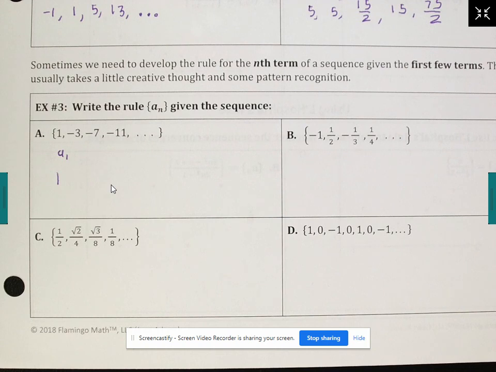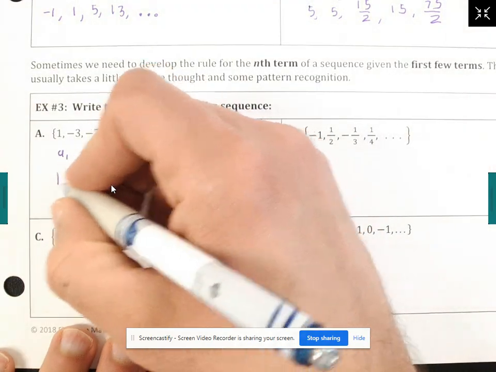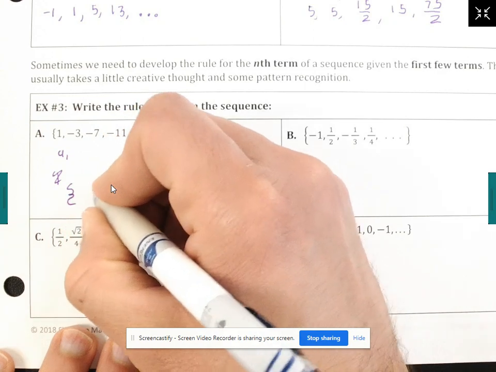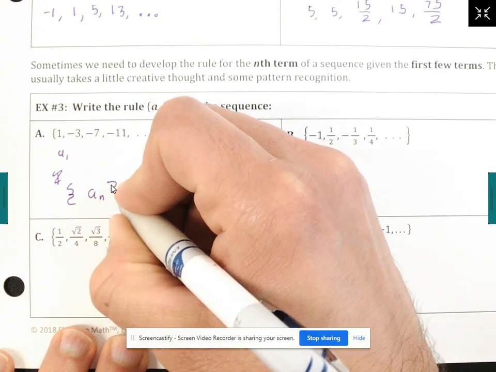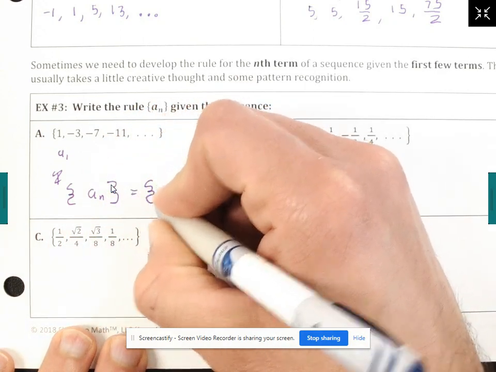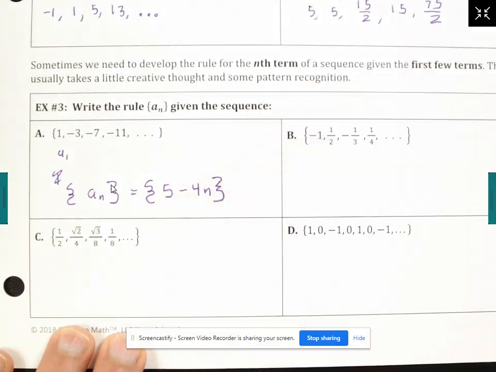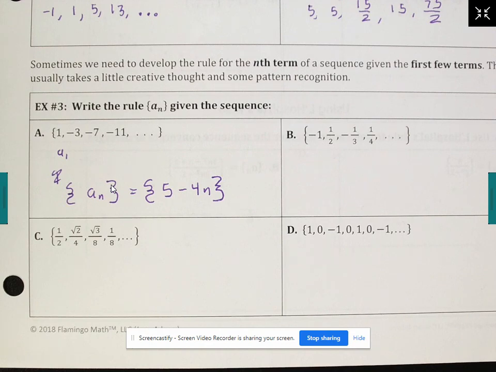So if I'm subtracting 4 the entire time, what do you think that would be? 5. 5 minus 4, right? So we can write this as a sequence, and then we have 5 minus 4n, where n is a positive integer. Remember that, it has to be a positive integer.